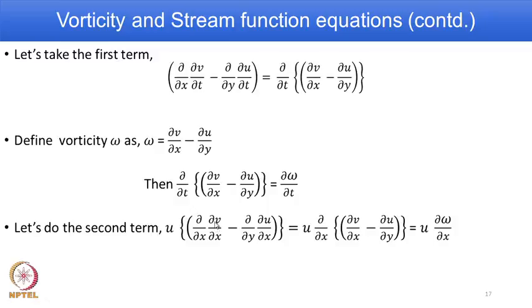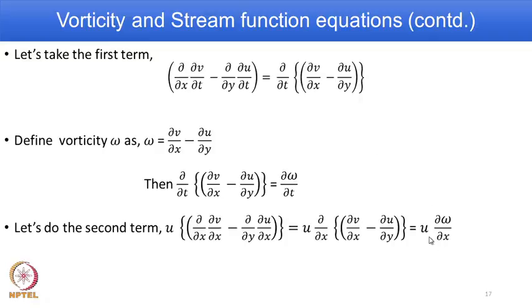Again, you can recognize ∂v/∂x, which is coming from the second term in the y momentum equation, taking a partial derivative with respect to x, then ∂u/∂x, which is the second term in the x momentum equation, taking a partial derivative with respect to y. Subtract one from the other, then take a common term ∂/∂x outside, and you get ∂v/∂x minus ∂u/∂y inside the bracket, which is the same as what is shown here, and we define that as vorticity.